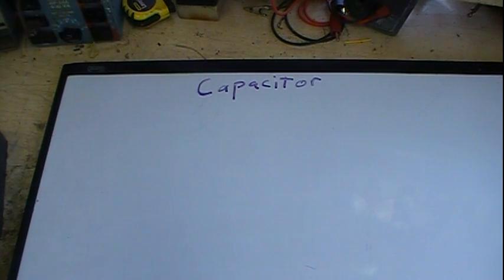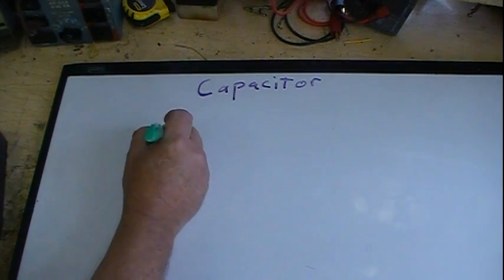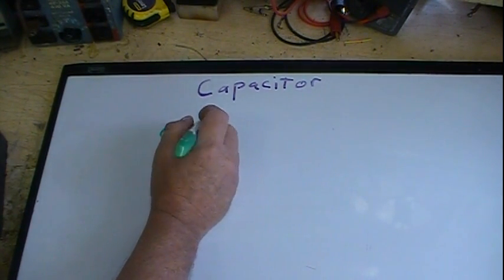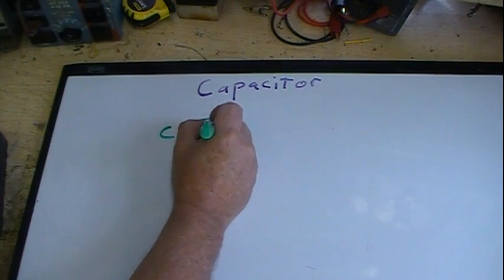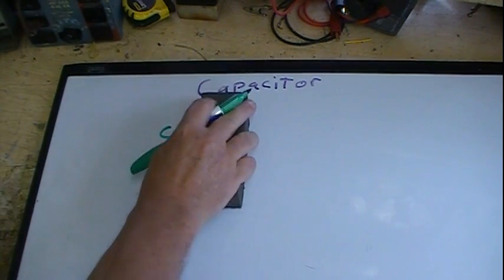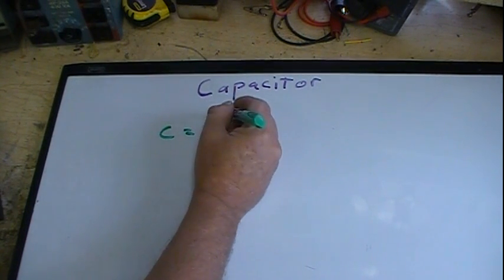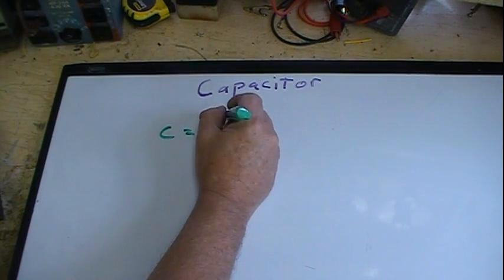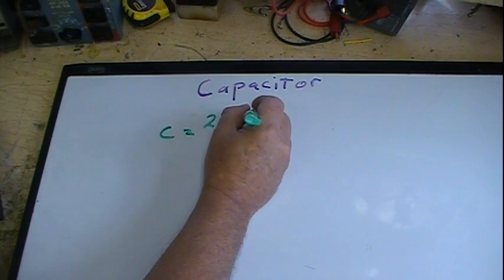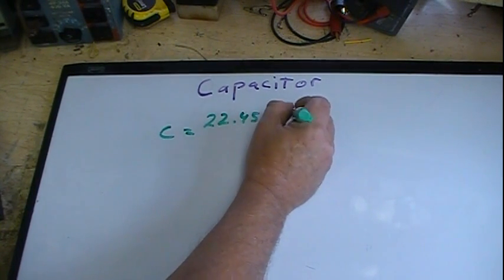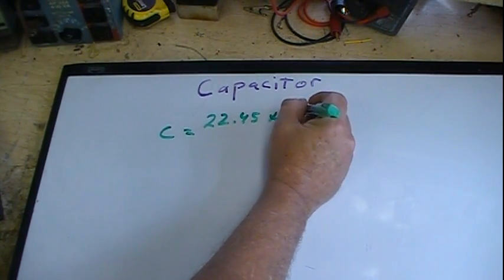So we get to our base formula for a capacitor. C for capacitance equals 0.225 times 10 to the minus 8.